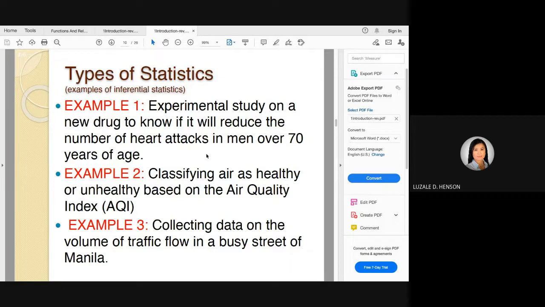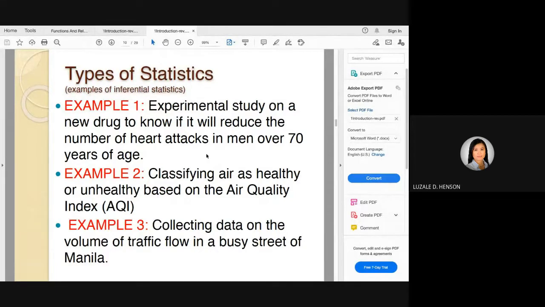And actually, we don't have any idea of the efficacy, how effective and which vaccine is more effective compared to the other. So, experimental study yon. You get a sample, kaya nagsasample sila initially kung sino yung mag-volunteer na magpa-vaccine. And then they get results from those samples and generalize it to the population.